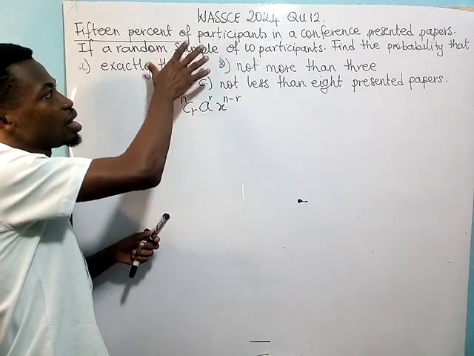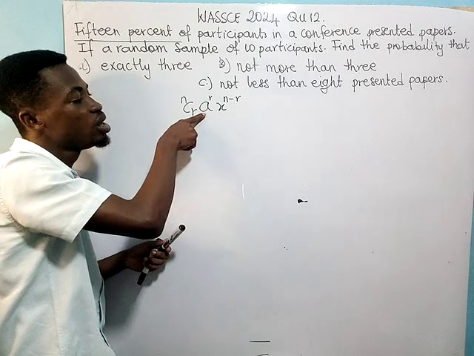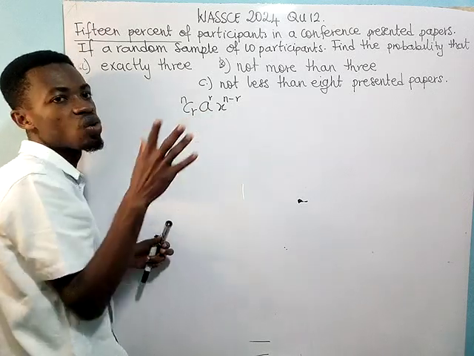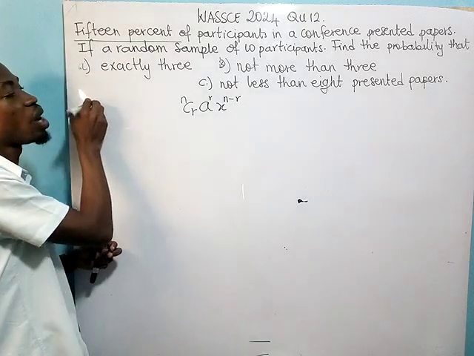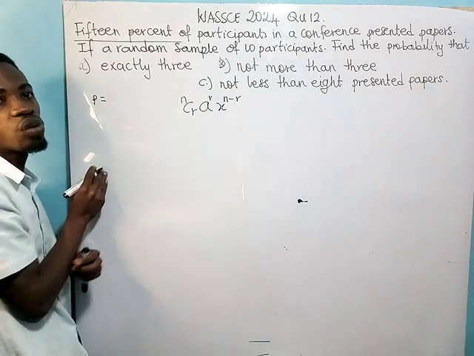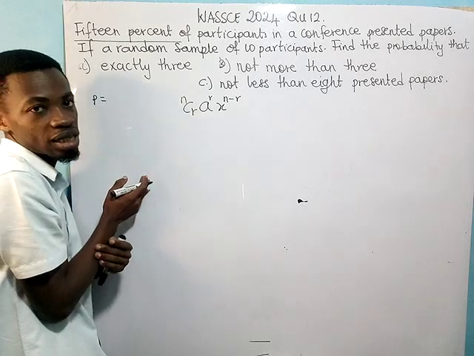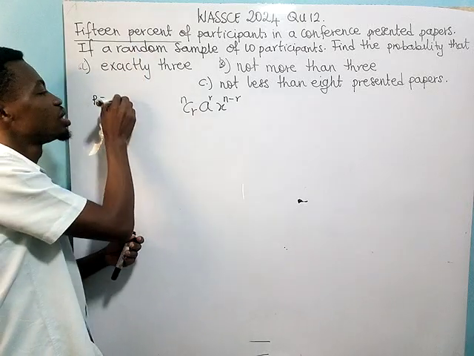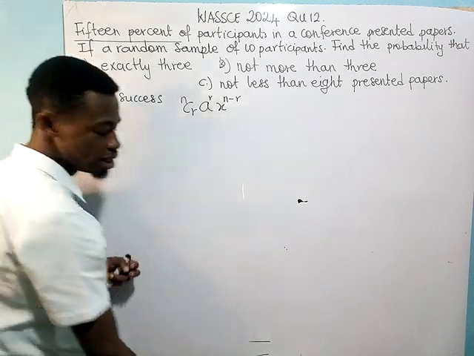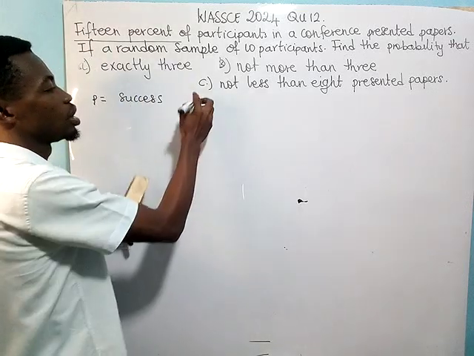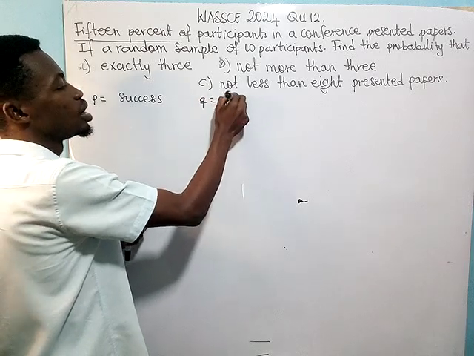But under probability, we replace a and x with new variables. p is the probability of success, that is those who presented, and q is our failure.